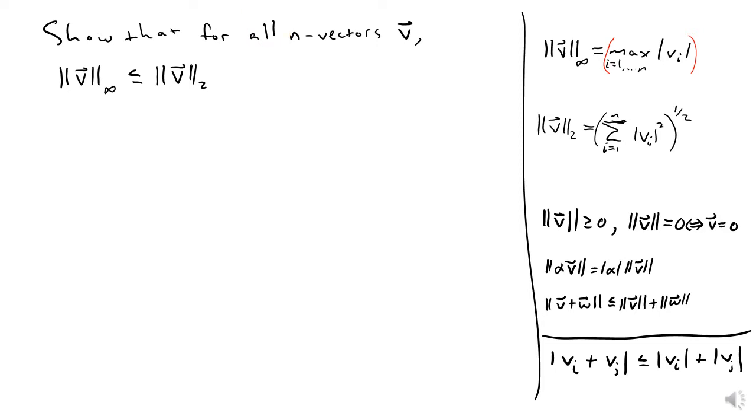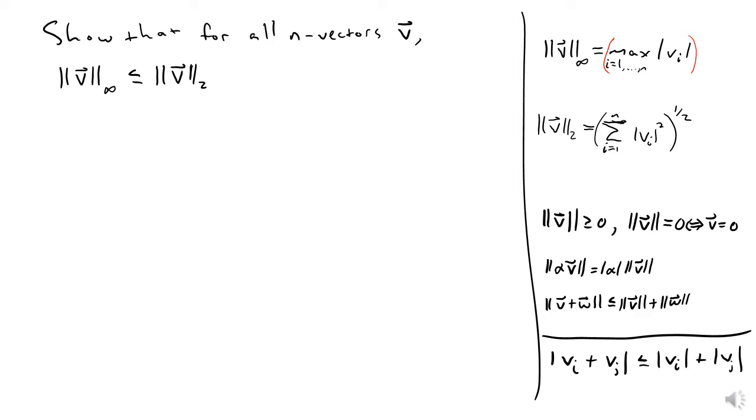The best place to start on this type of question is to answer based strictly off of the definitions of these norms and maybe use some properties of norms along the way. Off to the side, I went ahead and copied down our definition of the infinity norm and the 2 norm. The infinity norm was the biggest entry in the vector in absolute value.